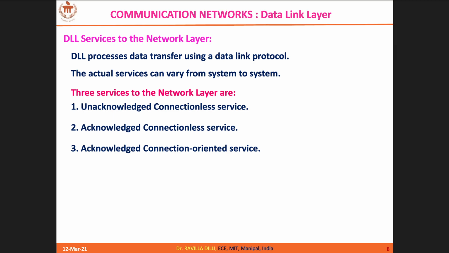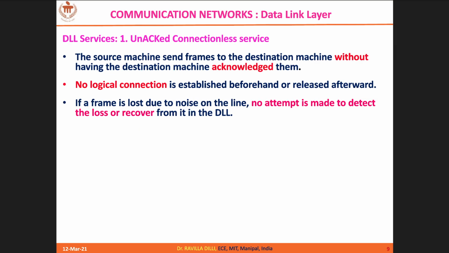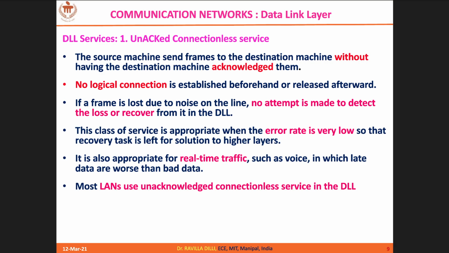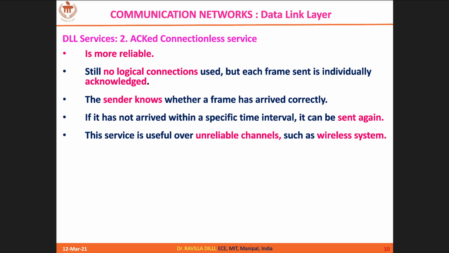Wherever you feel the link is highly reliable, you go for unacknowledged. But in the case of wireless communications, you have to have acknowledged, because you may not be sure that the data frames are received properly. So like that we can classify the services provided by the data link layer.